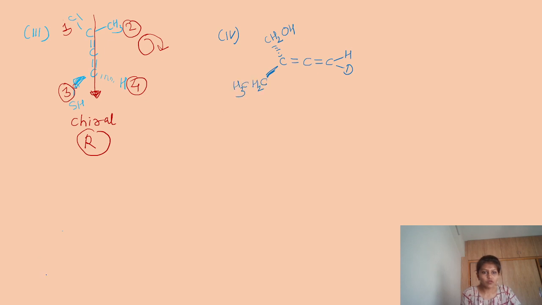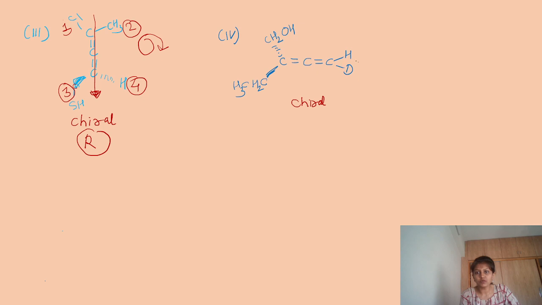We want to find R or S over here, right? First of all, it has an even number of double bonds. A is not equal to B, C is not equal to D. So it is chiral. First of all, you have to find whether the molecule is chiral or not. If it is chiral, then you find R and S. Otherwise, for an achiral molecule, you can't find R and S. Now, the chiral axis passes through the planar system.